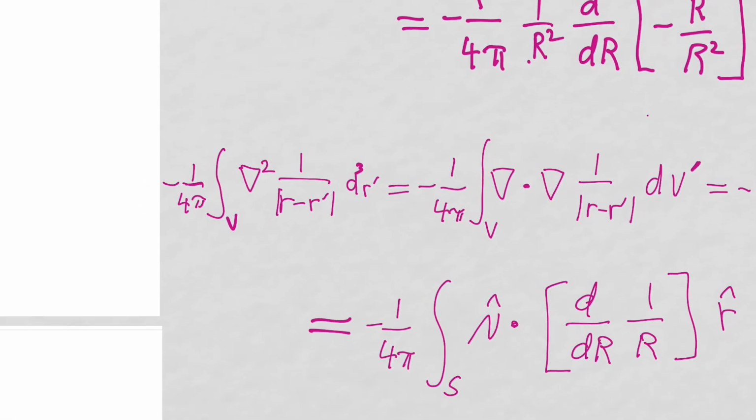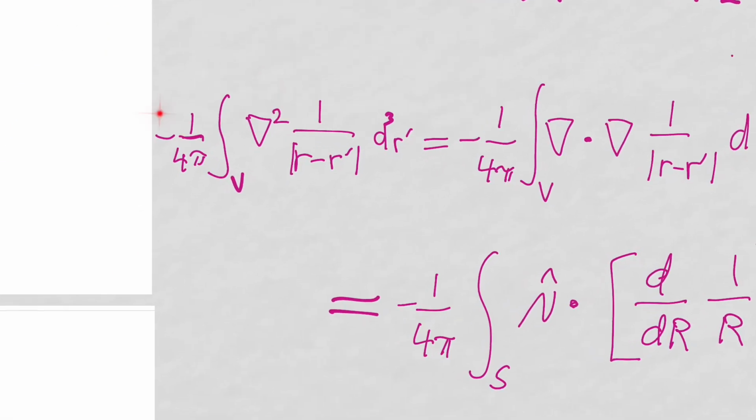Well, the other part is we need to show that if we take this representation of the Laplacian and integrate it over a volume that includes the place where r prime does equal r, this better be 1, right? Remember, this is integrating the three-dimensional delta function, d cubed r prime, over some volume.